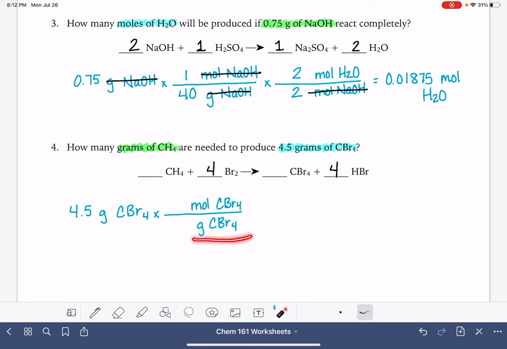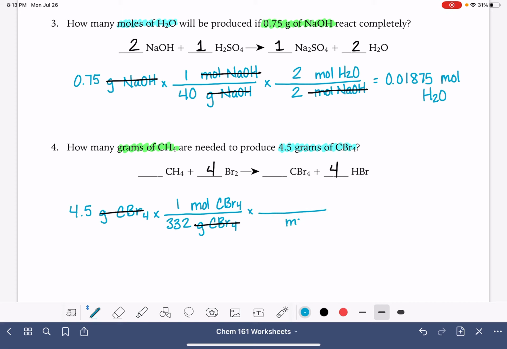So our only option here is to go from grams of CBr4 into moles of CBr4 using the atomic masses. Carbon is roughly 12, bromine is roughly 80, and there are 4 bromines in this molecule. 80 times 4 plus 12 is a molecular weight of 332. And that lets us cancel out that grams of CBr4 unit.